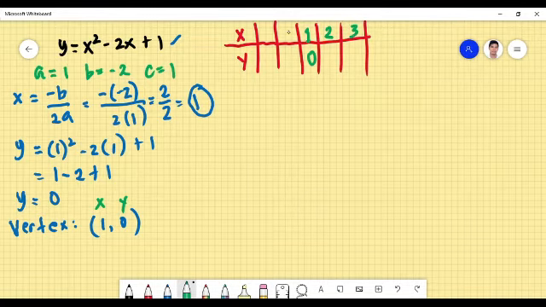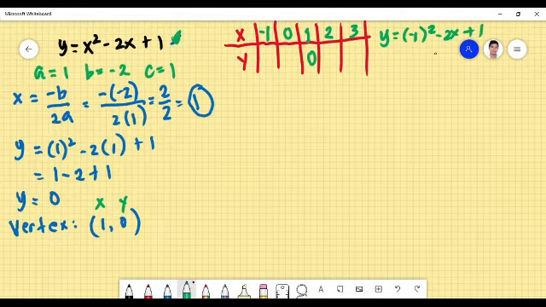Tapos, dito naman sa left side is 0 and then negative 1. Tapos, ang kunin na lang natin yung nasa left side kasi mas mabababa yung number dito sa left side. So, yun yung isa-substitute natin dito sa given. So, that will be y equal to negative 1 squared minus 2x plus 1.